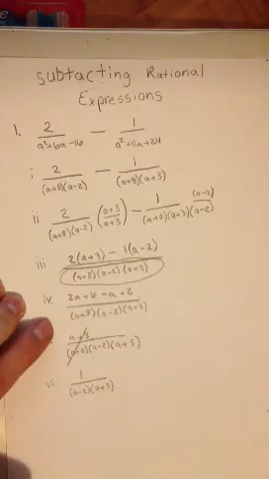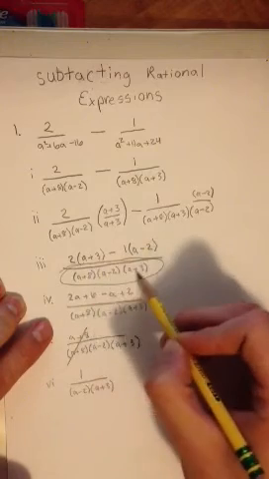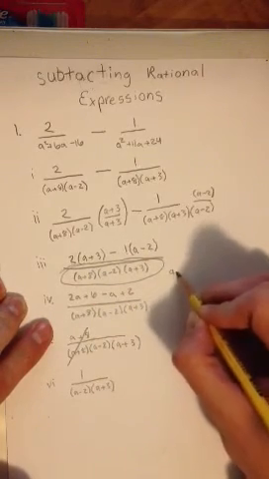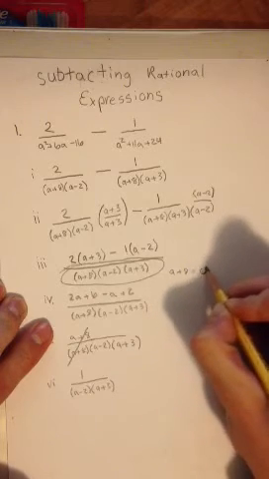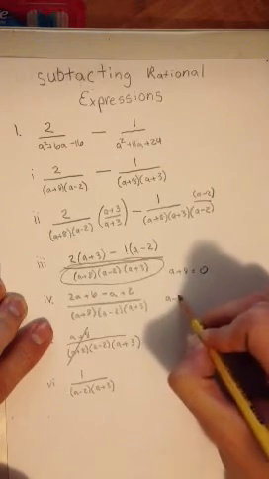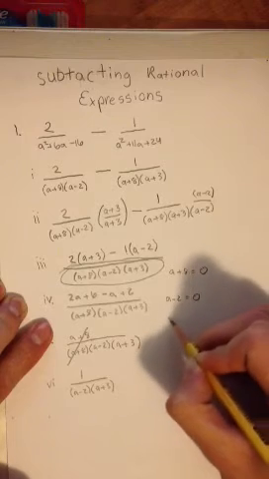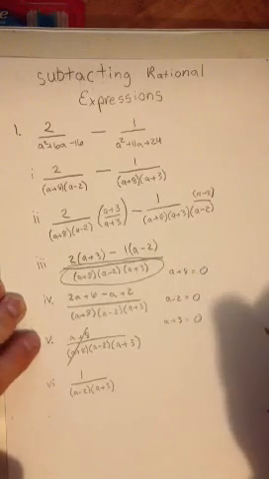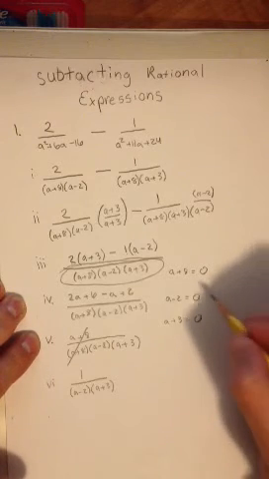We take these simple equations and make them equal to 0. So a plus 8 is equal to 0, a minus 2 is equal to 0, and a plus 3 is equal to 0.